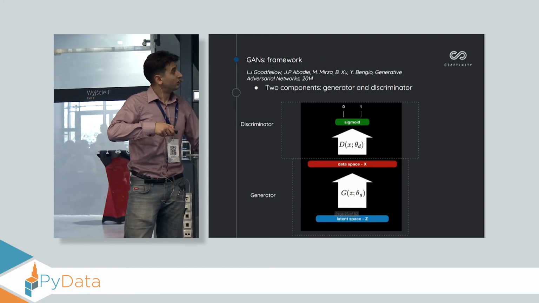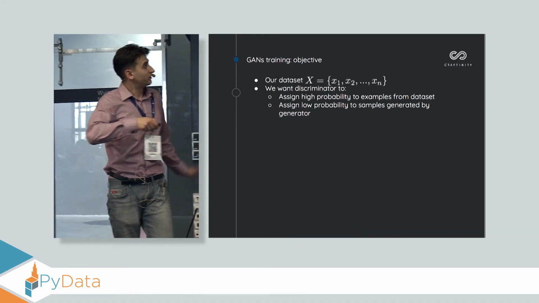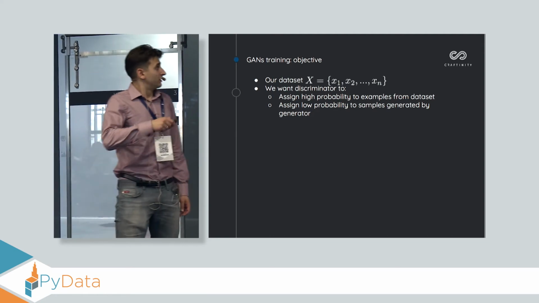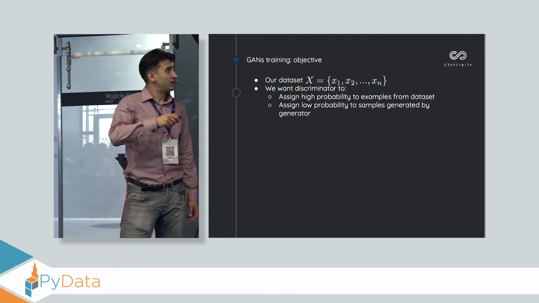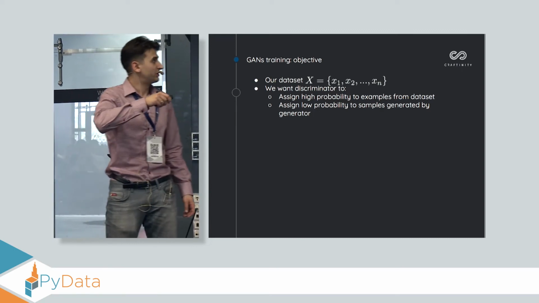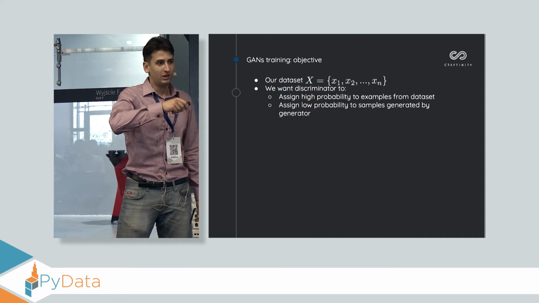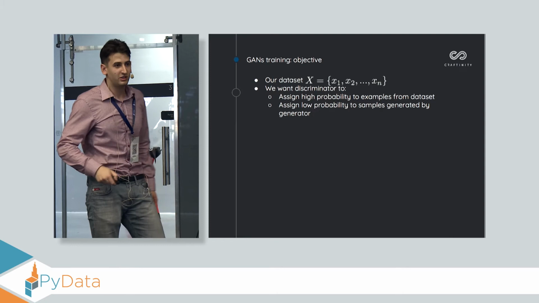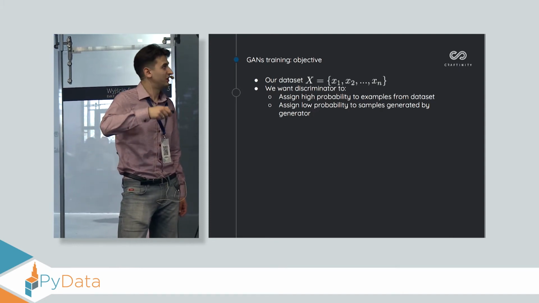Formally, we have our dataset X, and from the discriminator's perspective, we'd like it to assign high probability that a sample coming from our training set is real, and simultaneously we'd like it to assign low probability of being real to samples that are generated by the generator.